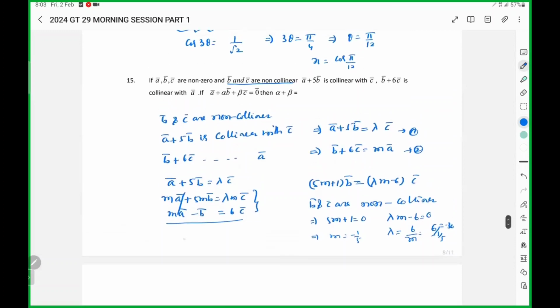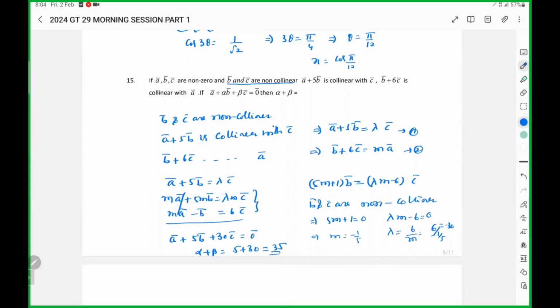So A bar plus 5B bar, in place of lambda, we will write how much we got: A bar plus 5B bar, lambda is minus 30 C bar. That is, lambda minus 30 means plus 30 C. So alpha plus beta will be 35.